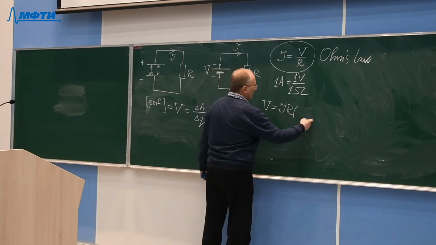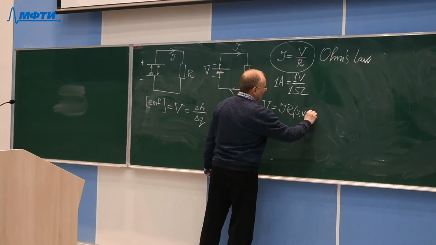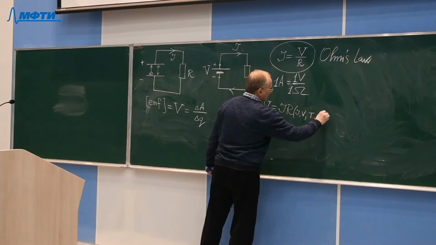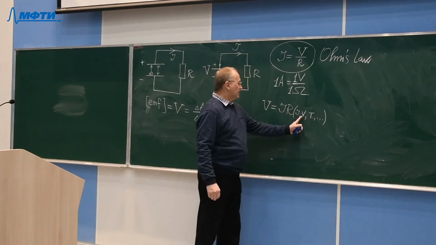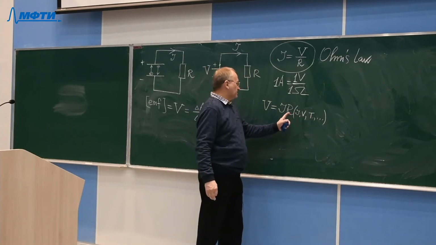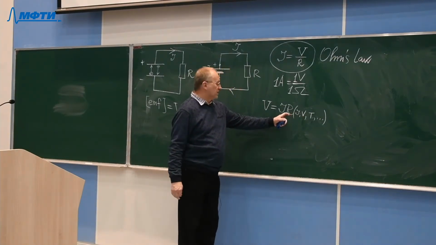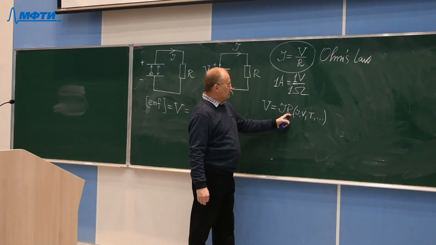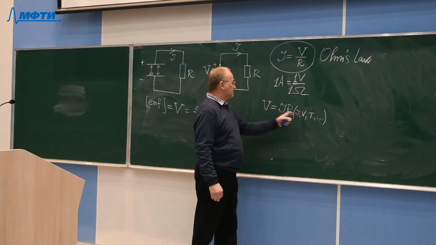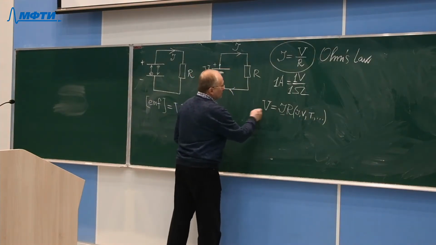So it may be a function of many variables. Many physical quantities may, in some situations, affect the value of a resistor in ohms. So if the resistance depends on the applied voltage, then the electric current will not be directly proportional to voltage.